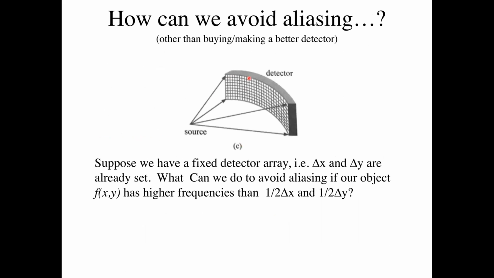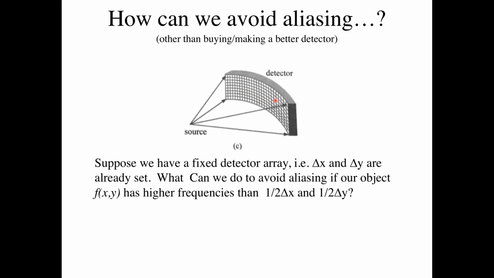So here, we're sampling at a specific rate. These are delta x and delta y, or in fact, they're sort of delta x and delta z, because this is the z direction. But anyway, let's call this the xy plane. Can we avoid aliasing from this detector?